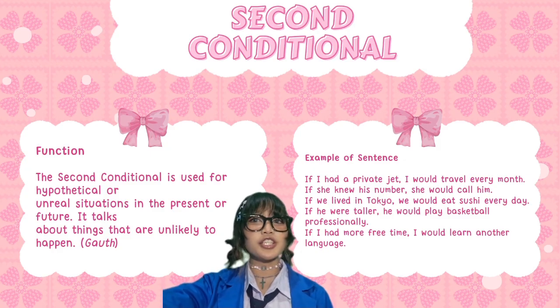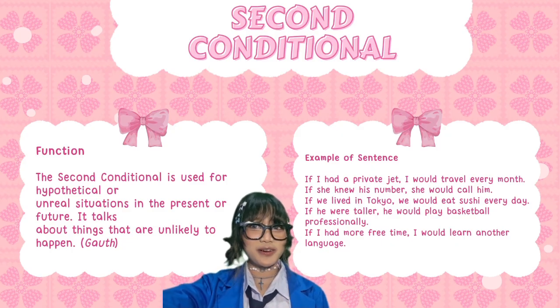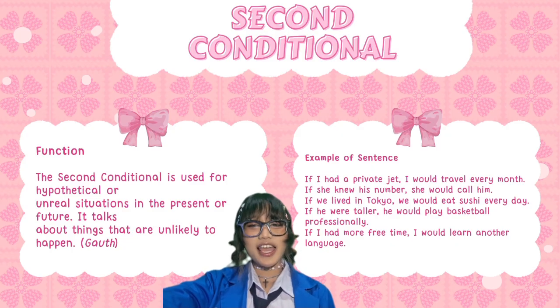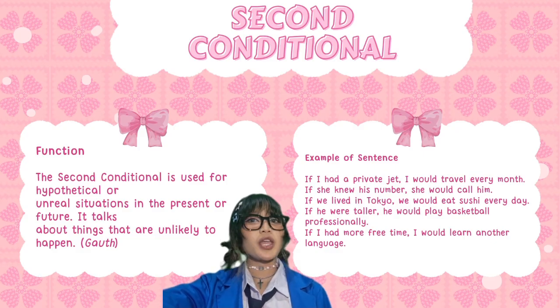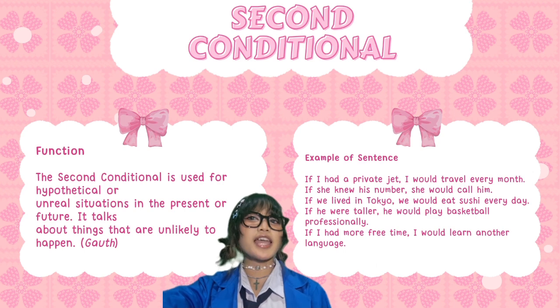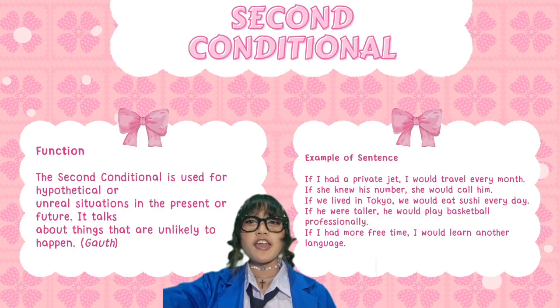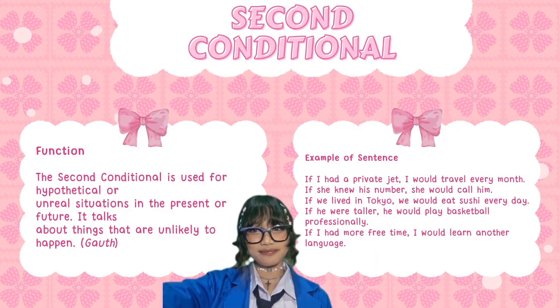Second, if she knew his number, she would call him. Third, if we lived in Tokyo, we would eat sushi every day. Fourth, if he were taller, he would play basketball professionally. Fifth, if I had more free time, I would learn another language.